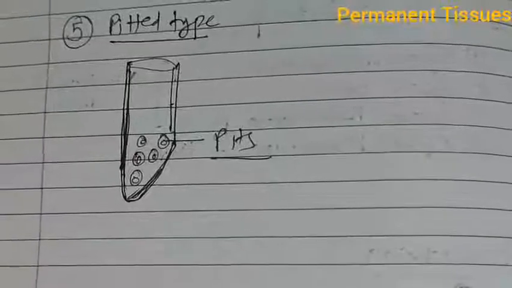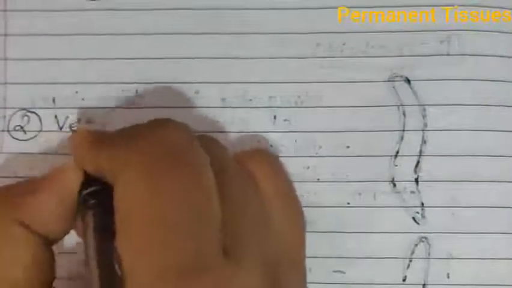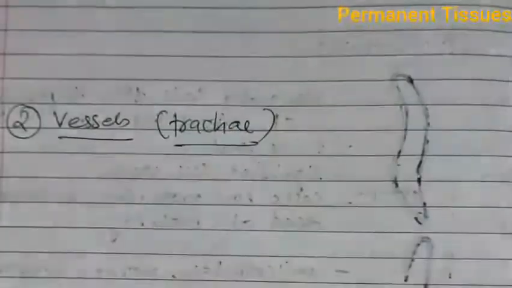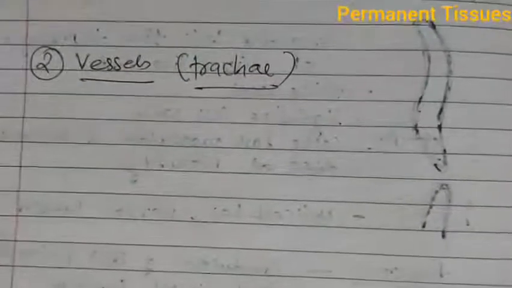Now after tracheids we talk about the vessels. So the second tracheary element is the xylem vessels, and xylem vessels are also named tracheae. Remember, tracheae and tracheids are different. Tracheae are vessels, whereas tracheids are a particular unicellular structure.